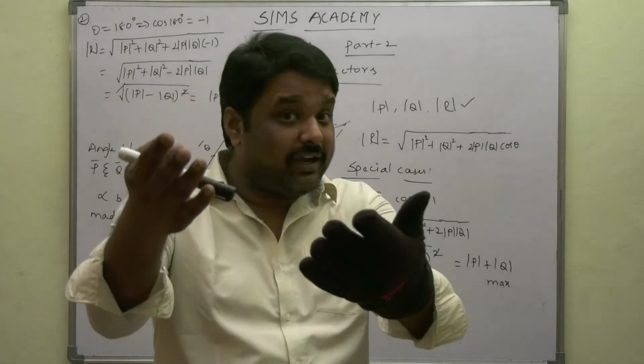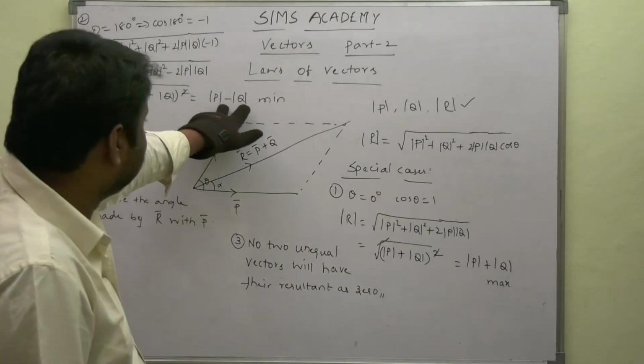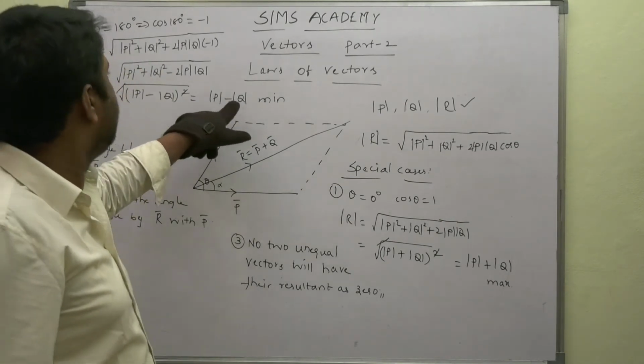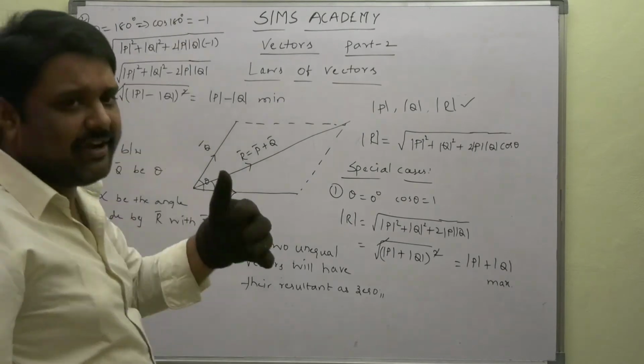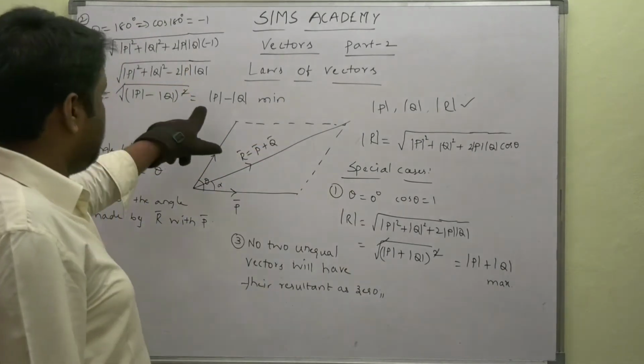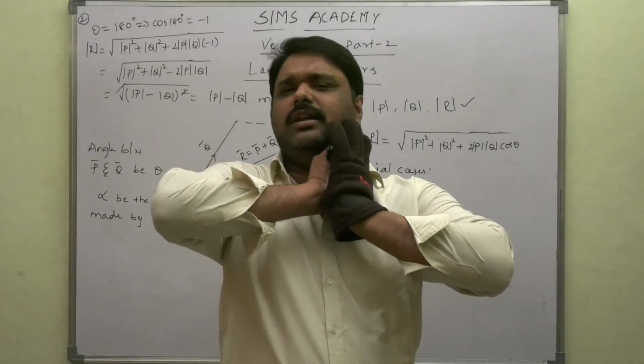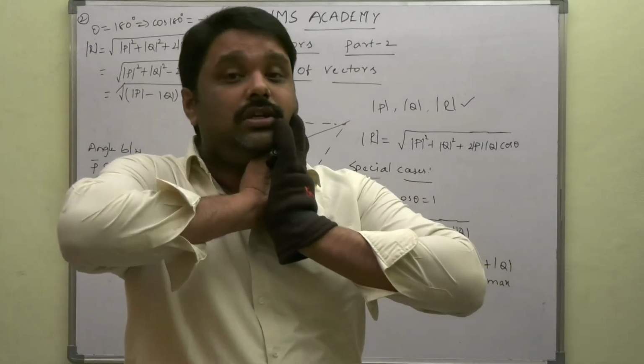If they are equal vectors, we may have the chance, P, Q are equal vectors. Then what happens whenever they are anti-parallel? The resultant becomes 0. But if they are unequal vectors, then the resultant is never 0.